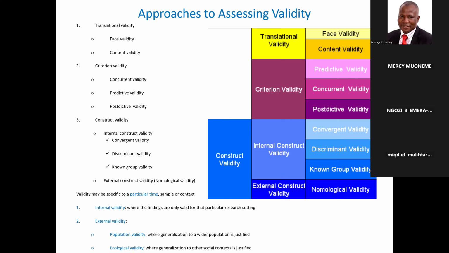The reason it is easy for them to refer to work done in Imo State as Nigeria or Africa is external validity. If the finding is only valid for the people who did the work, and not valid for people outside that community where the sample was taken, it may have internal validity, but it doesn't have external validity.